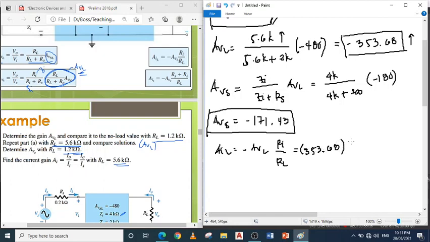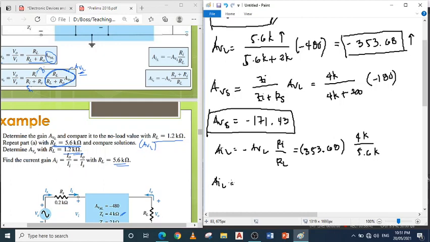353.68 times anong RI natin or ZI. So, 4K times RL natin ay 5.6 kilo. Okay? So, ang AIL natin ay yan. AIL.